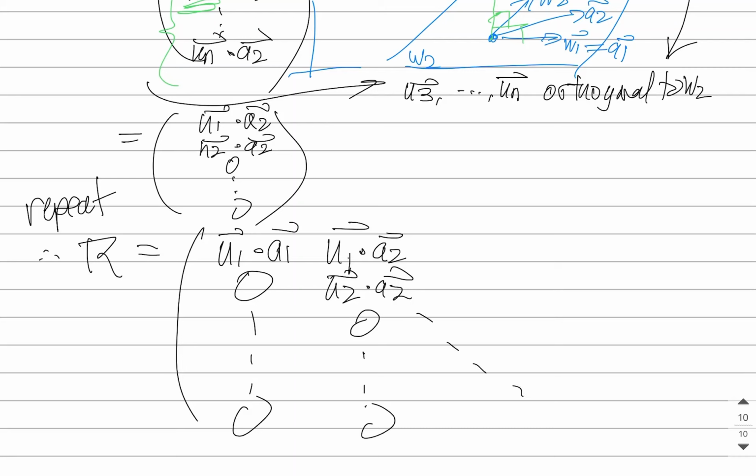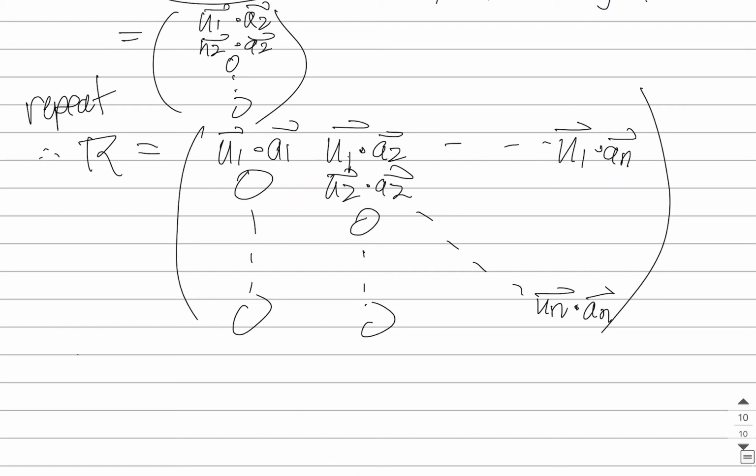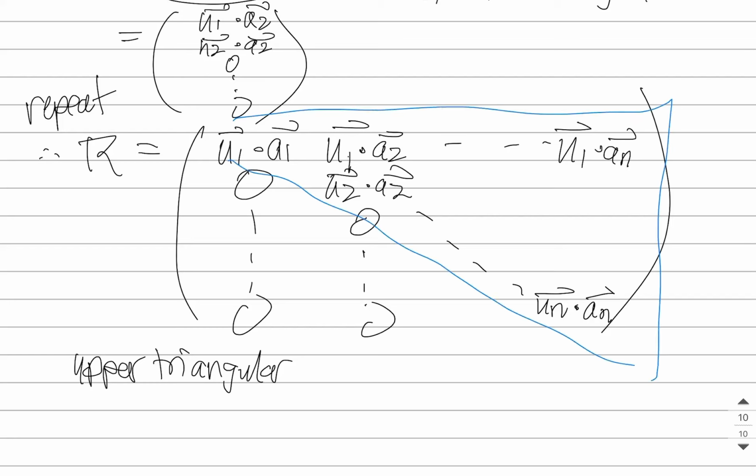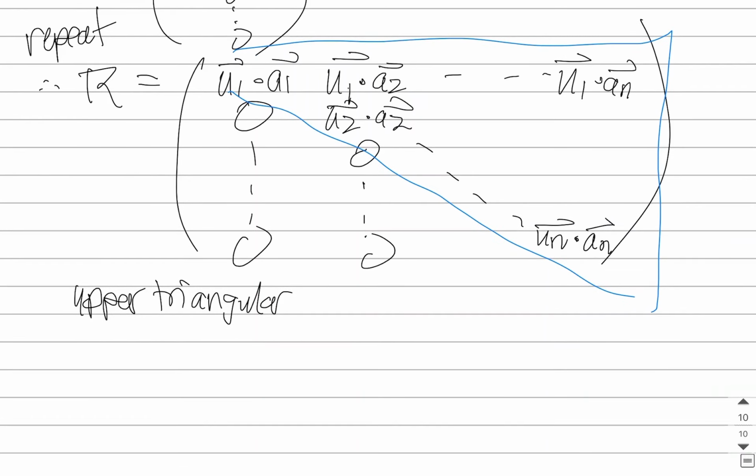And that diagonal is going to continue: UN dotted with AN, U1 dotted with AN, and this is going to be an upper triangular matrix. You will have that wonderful triangle shape and a bunch of zeros otherwise.